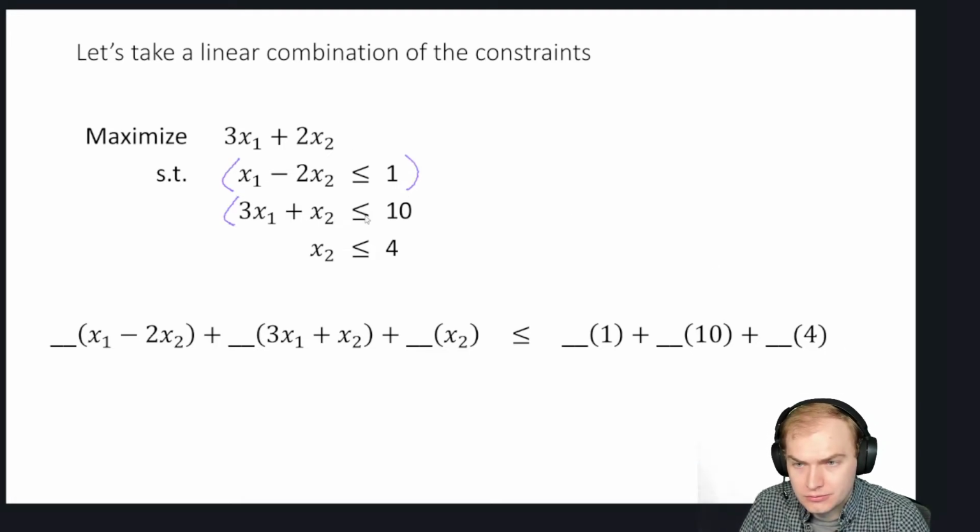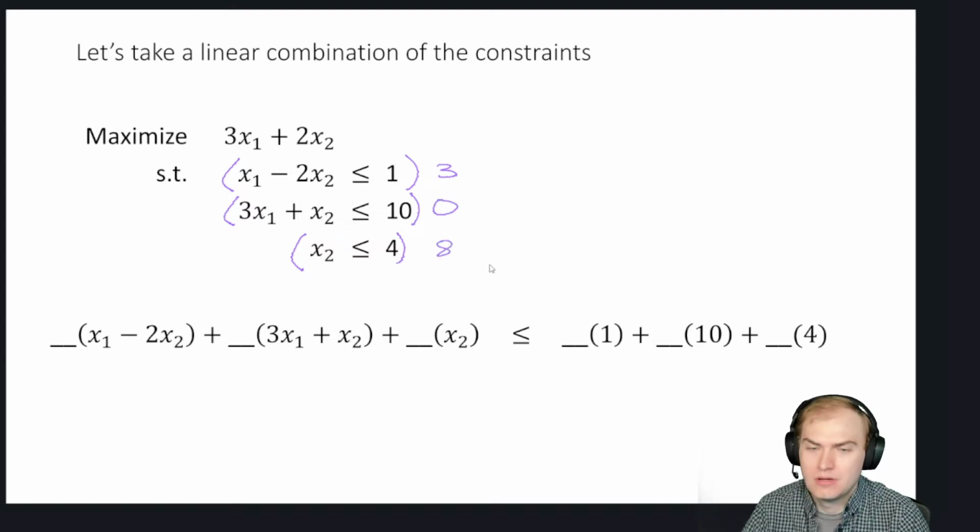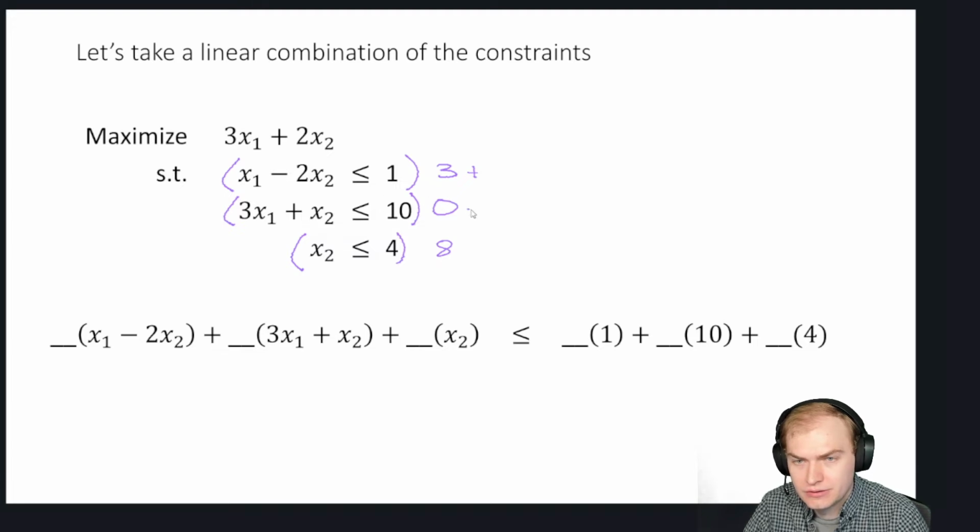So what we're going to do is multiply all of these constraints by a coefficient. In this case, I want to pick 3, 0, and 8. And then we're going to add them together. And that's going to give us this inequality. Here we've just added up the left-hand side.